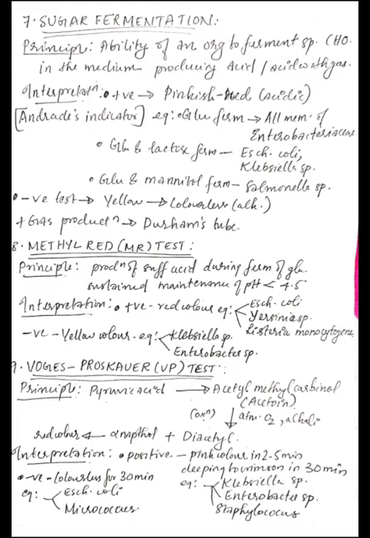Then the next test is the Voges-Proskauer test, VP test. The principle is that pyruvic acid is converted into acetyl methyl carbinol or acetoin. This acetoin undergoes oxidation in the presence of atmospheric oxygen and alkali to give diacetyl. This diacetyl combines with alpha naphthol to give a red color. If the test is positive, there is pink color in 2 to 5 minutes and it deepens to crimson in 30 minutes.